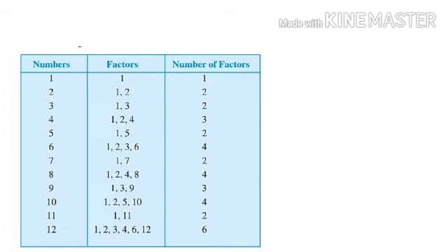Here we can see that 2, 3, 5, 7 and 11 are prime numbers which have two factors. Then what about 4, 6, 8, 9, 10 and 12? They are composite numbers because they have more than two factors.